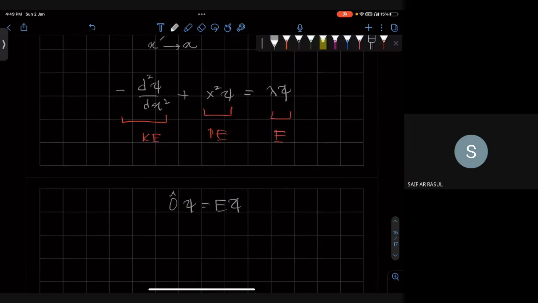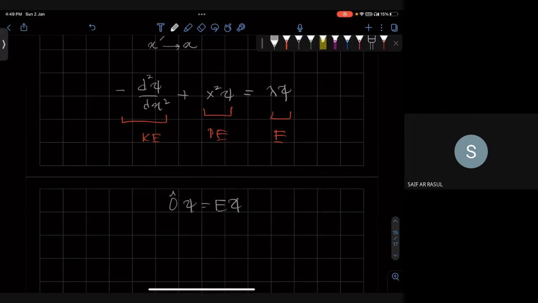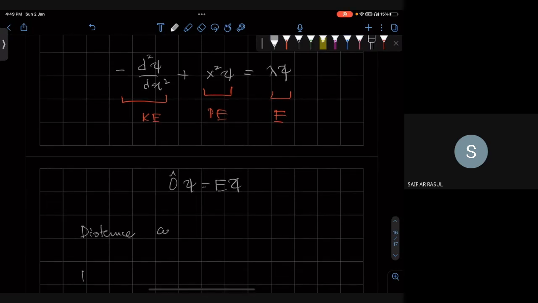We are measuring distance in terms of A and energy in terms of E naught. That's what we're doing.